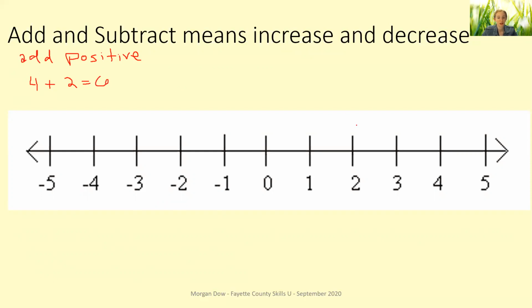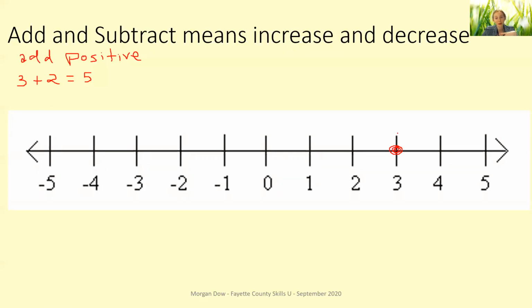Now, if we think about what that looks like on our number line, actually, I'm going to choose different numbers that fit on my number line. I didn't even consider that when I was making up these numbers. So let's do 3 plus 2 instead. 3 plus 2 equals 5. So what does 3 plus 2 look like on the number line? It means let's start at 3. And then we are going to add 2.